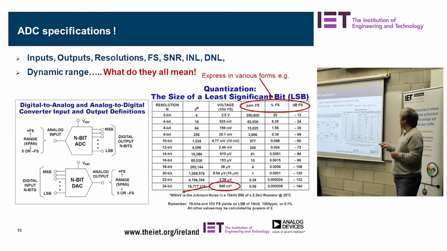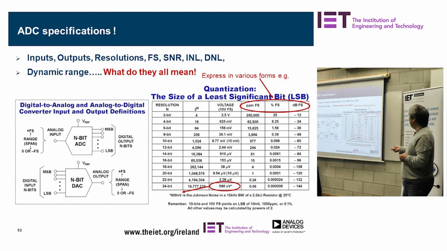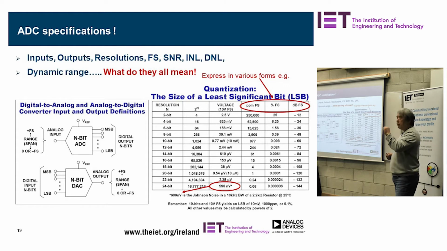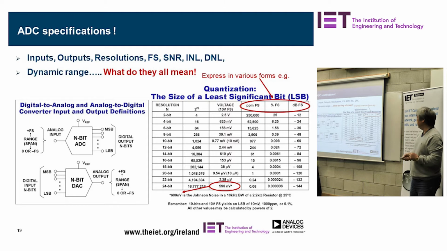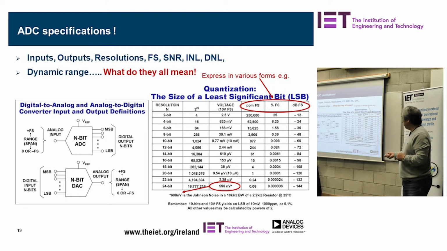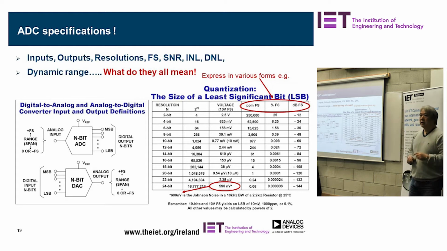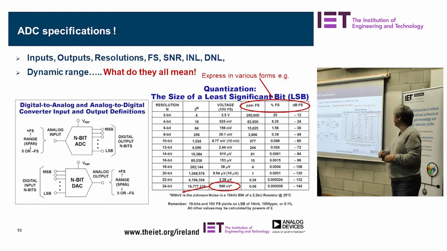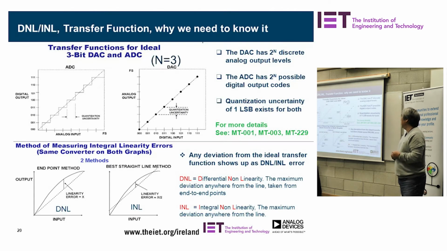They all relate to a number of bits, which gives you the resolution and the granularity you get from those scalings. Just to give you an example, when you go to 24-bit, you're down to Johnson noise. As you go to 24-bit, the noise is a very important factor that you need to take into account.